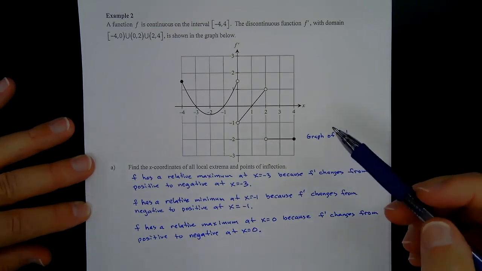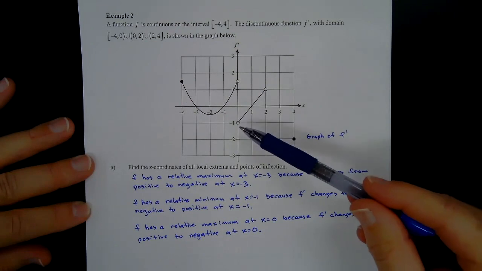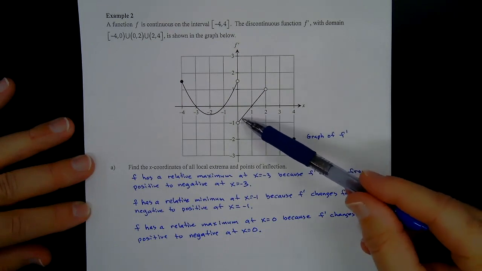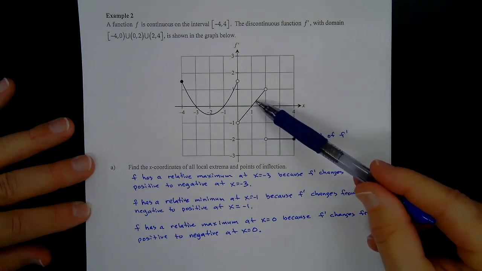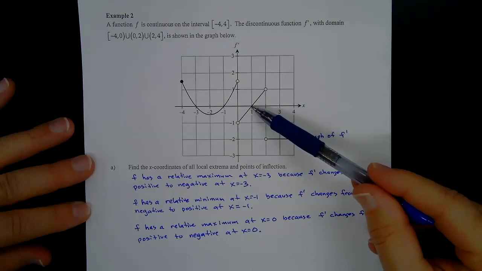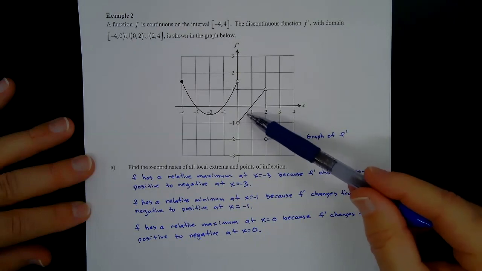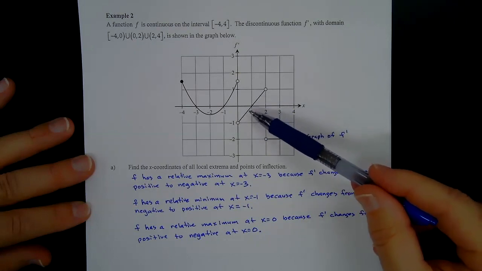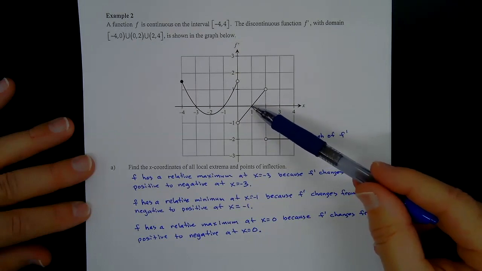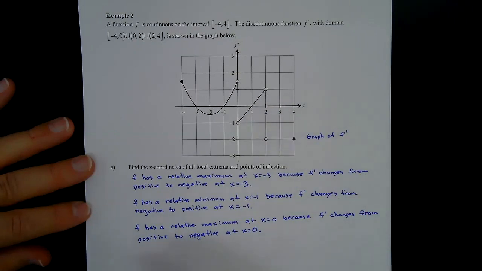Okay. And then what happens next is the derivative is negative and then the derivative is positive. So there's another relative extreme right here at x equals 1. Because it was negative, the function's decreasing and then increasing. That's telling you it's a relative minimum at x equals 1. Okay.